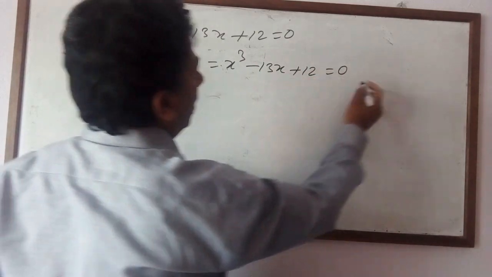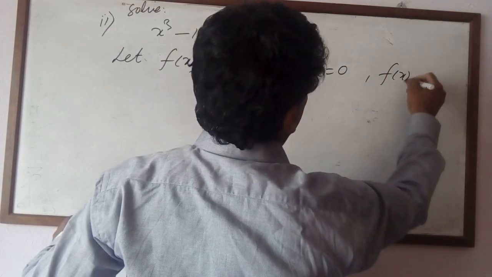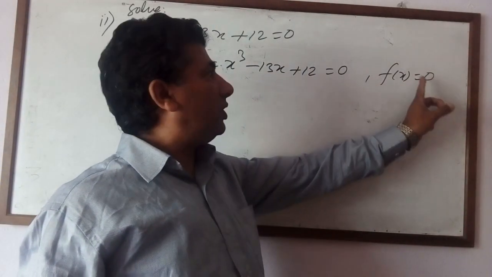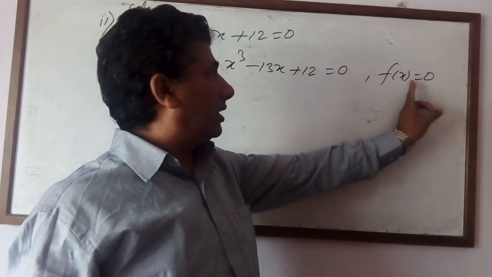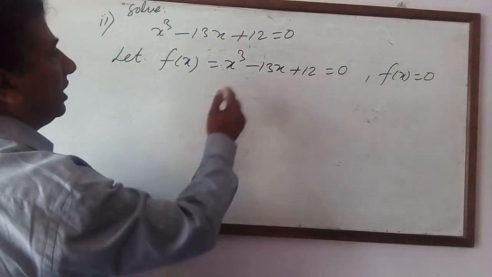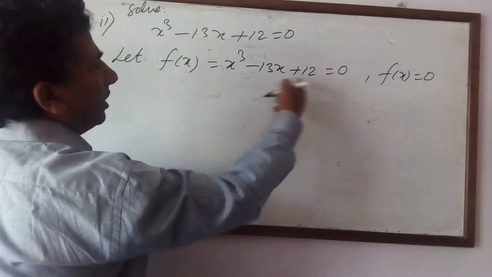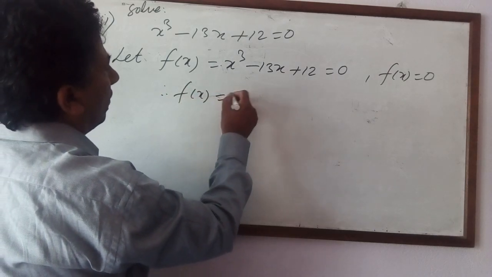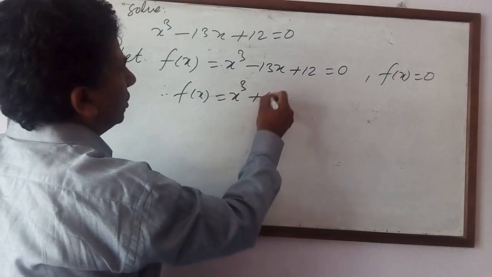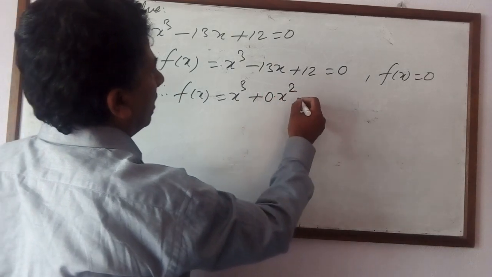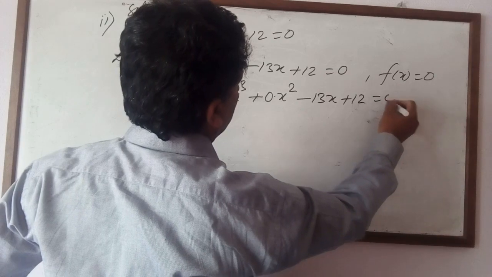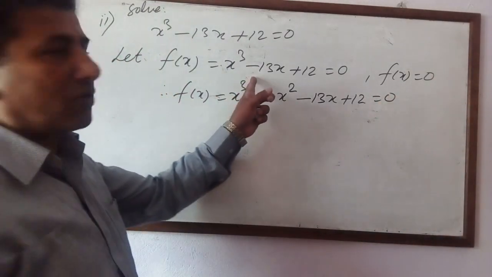Now from here what you have to understand, f(x) equals 0. Which value of x gives image 0? This is not complete. You can write f(x) equals x cube plus 0 times x square minus 13x plus 12 equals 0. Now this term of x square is missing there.